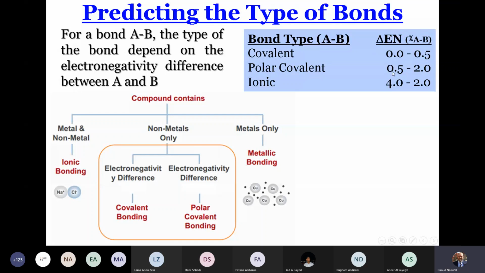In the polar covalent, it starts from 0.51, for example, up to 2. It can be equal to 2 in the polar covalent. If the difference of electronegativity is greater than 2 and up to 4, the bond is ionic.